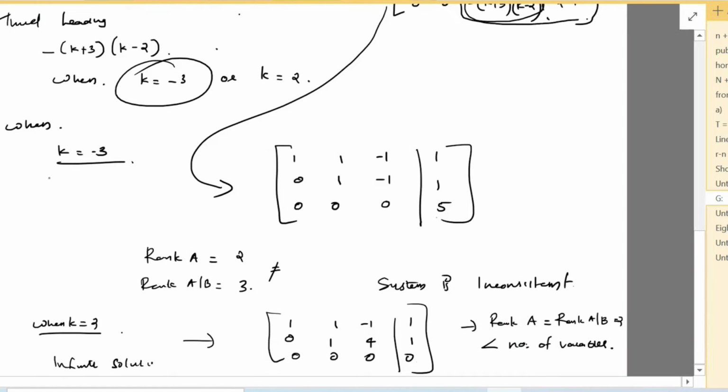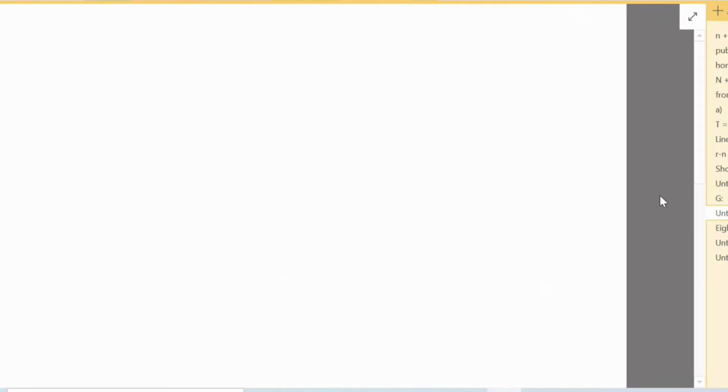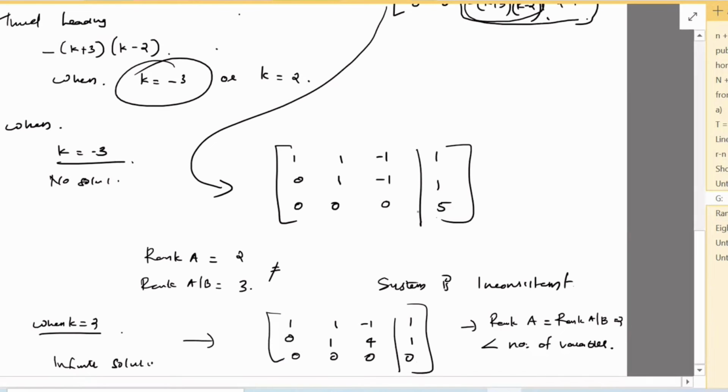So when k equal to minus 3, system has no solution, and when k equal to 2, system has infinite solution. And except 2 and minus 3, whatever values we are giving to k, the rank of A will always be 3. Rank of A will be 3 if k not equal to 2 and k not equal to minus 3.